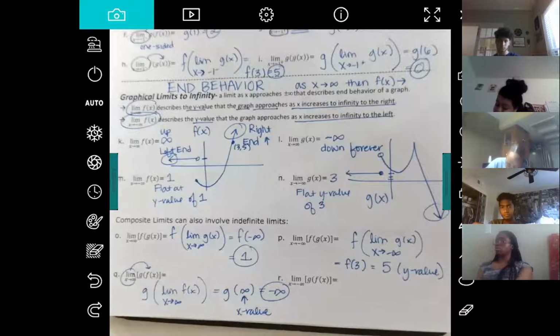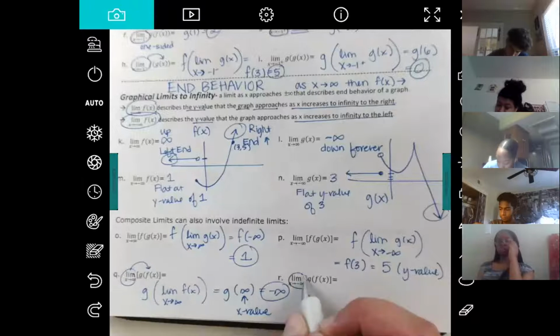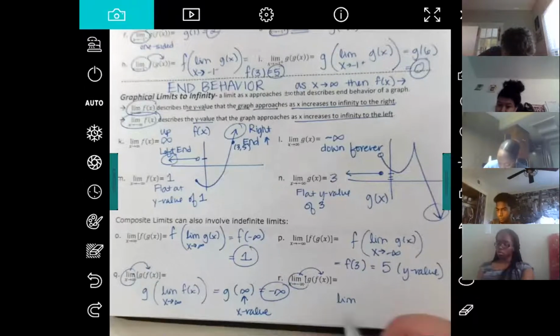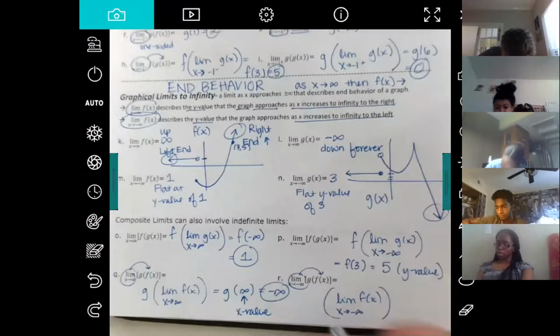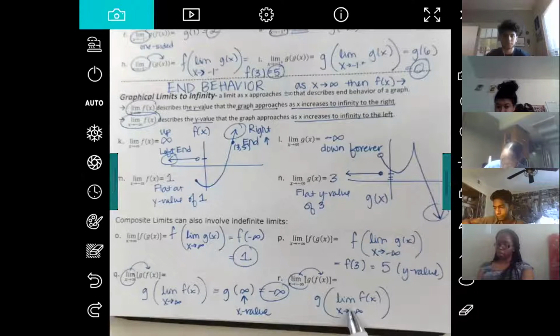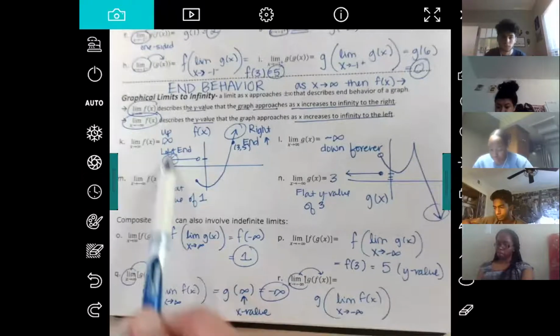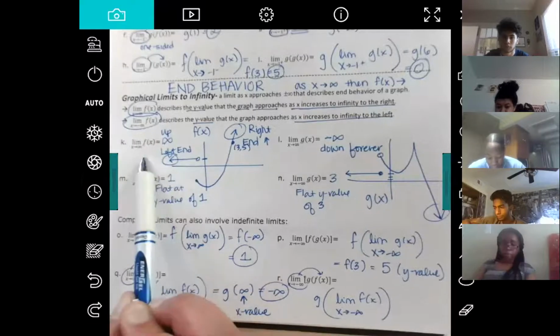And then for my last one here, limit as x approaches negative infinity, that's going to jump into the middle with f. And then I'm going to take that result and plug it into g. So then I come over here to my graph. I'm looking at f. And if x is going to negative infinity, I'm looking at the left end to see what the y values are doing. So if I'm on the graph of f, on the left end, I can see they're staying flat at a height of 1.